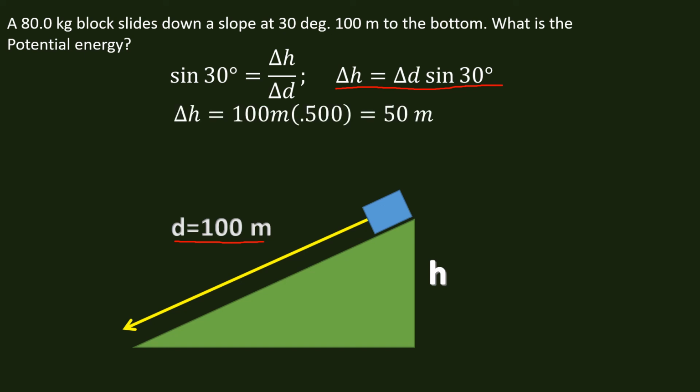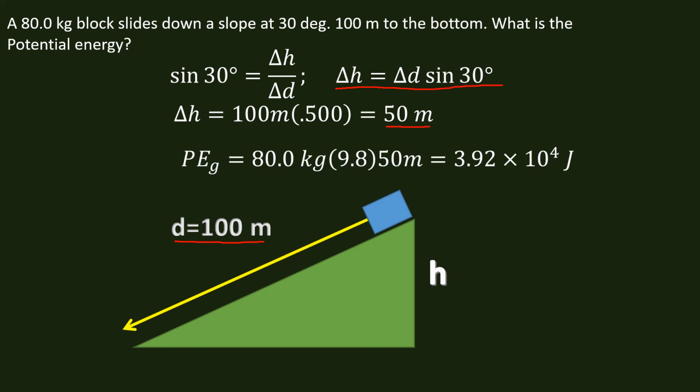So delta h is going to be equal to 50 meters. So we have 100 meters down the slope, and we have a height of 50 meters. Potential energy is then going to be equal to the mass times the acceleration of gravity times 50 meters. And we only need to worry about the height in gravitational potential energy.